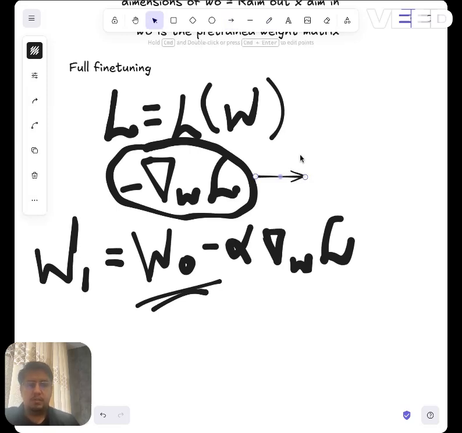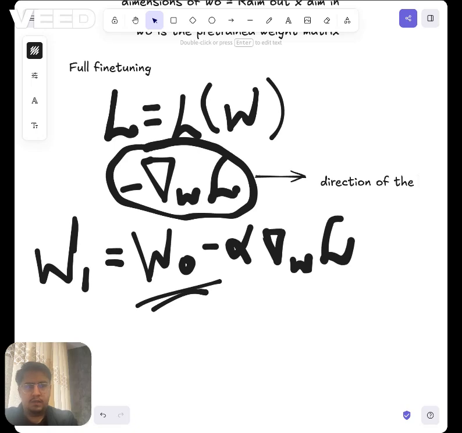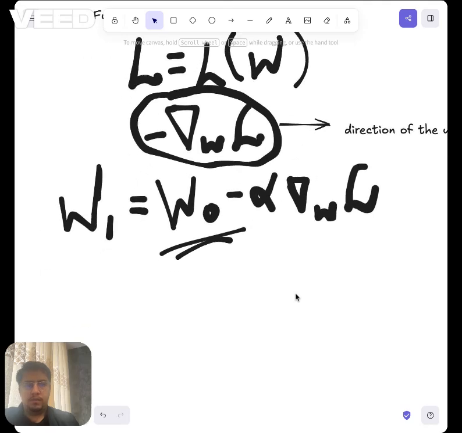It is basically the best first order direction to reduce the loss, as you can see from this equation. If we could follow this direction exactly, the training would be maximally efficient. This is the direction of the update, right?